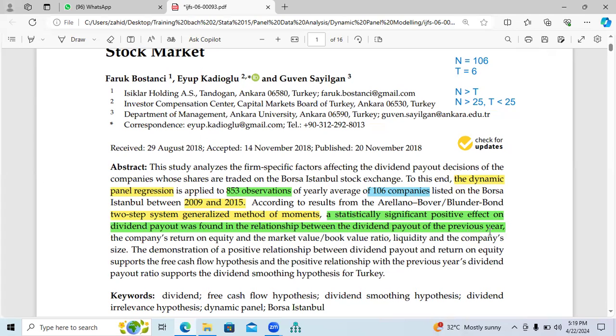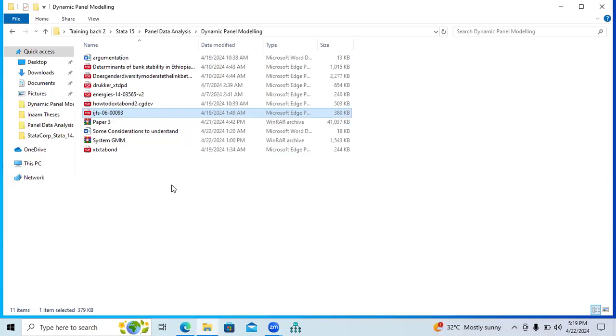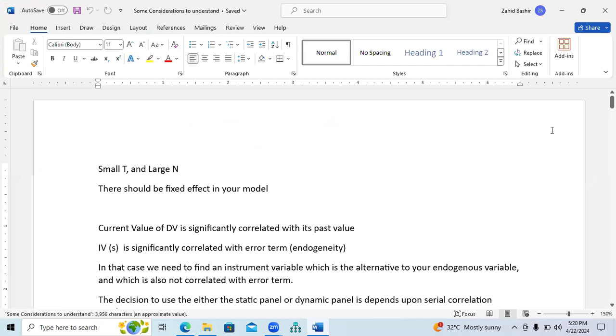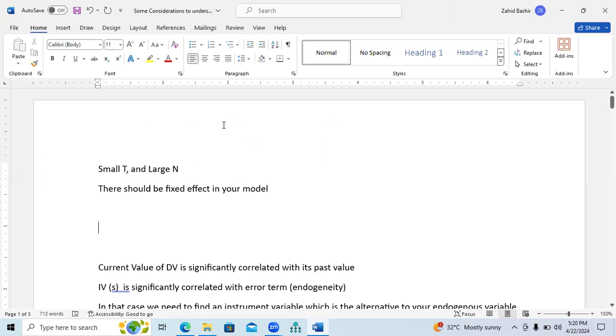So you need to understand that your dependent variable may be affected by its own previous value. Let me simplify this basic consideration so that you understand what the basic consideration is here. So let me show you a basic model.